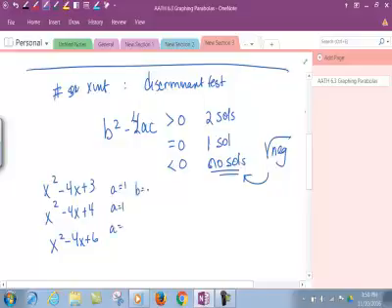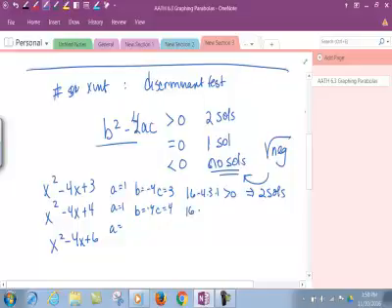In the first one, b is negative 4 and c is 3, so when we do b squared minus 4ac, we get 16 minus 4 times 3 times 1, which is greater than 0, so therefore there are 2 solutions. For the next one, b is also negative 4, but c has changed to 4 this time.